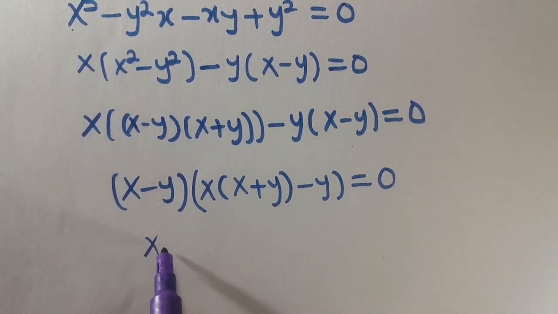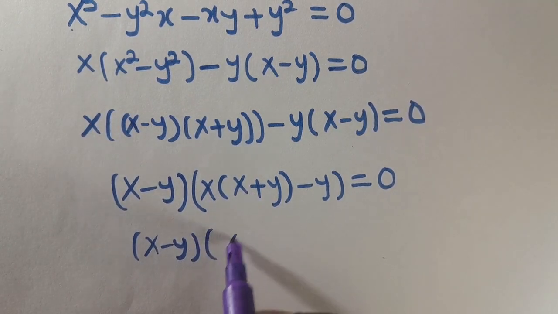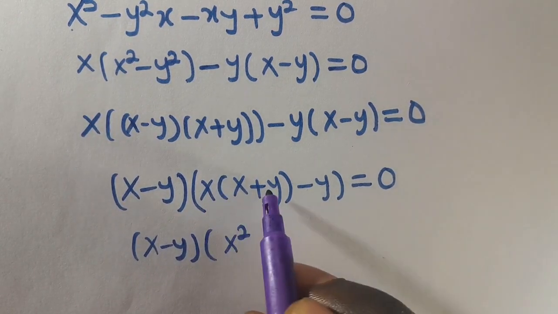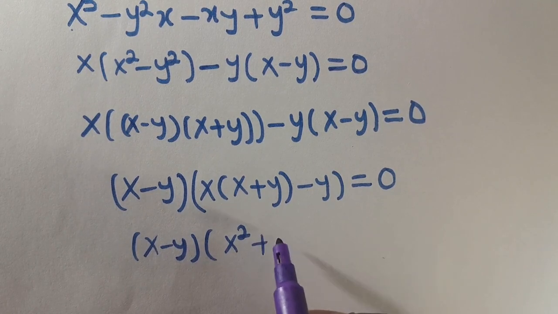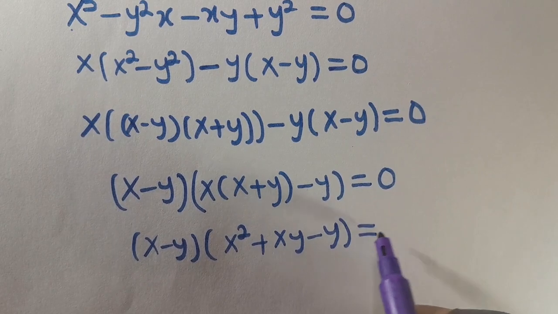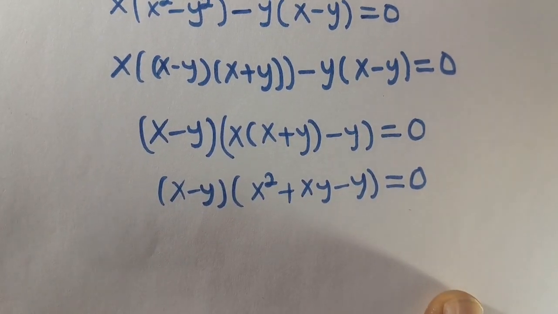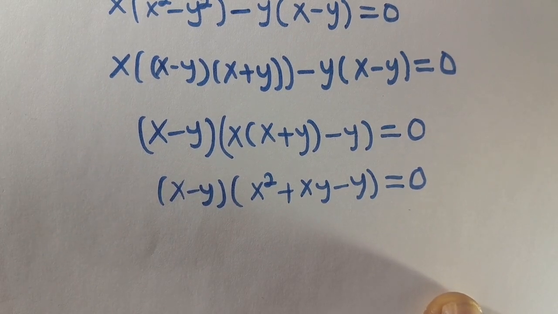So from here, let's open this bracket. We have x minus y into this multiplied by this, we have x squared. This multiplied by this, we have plus xy, then minus y equals 0. So now let's substitute the corresponding value of x and y.